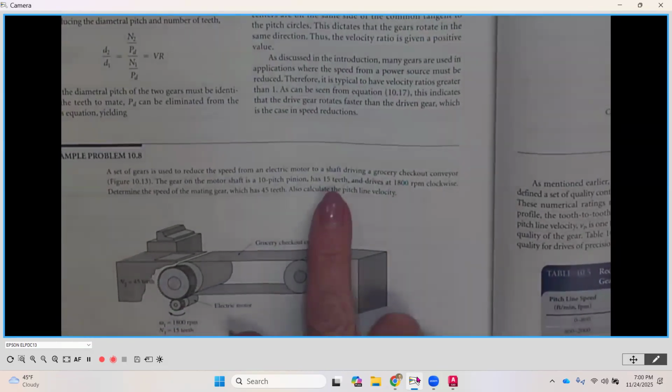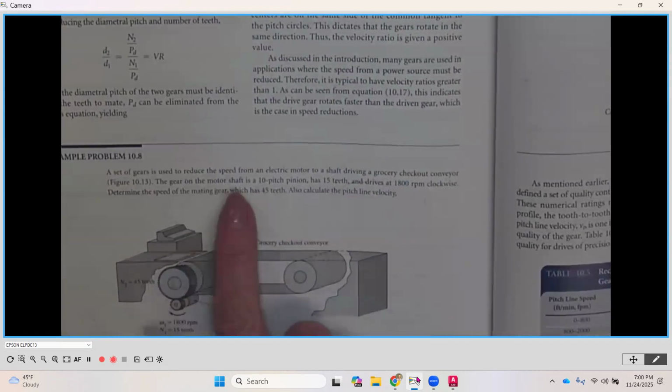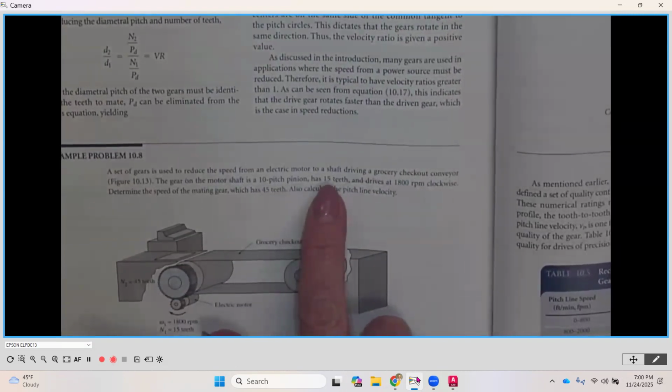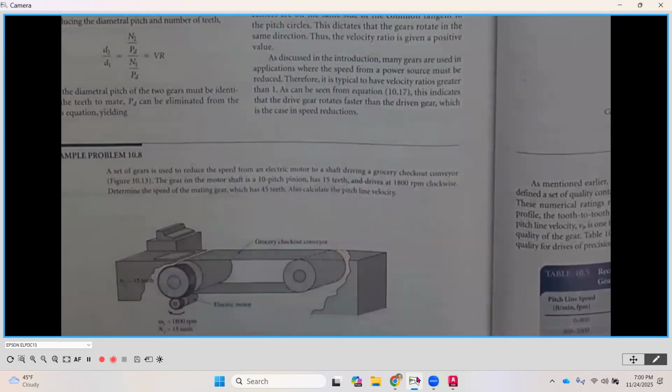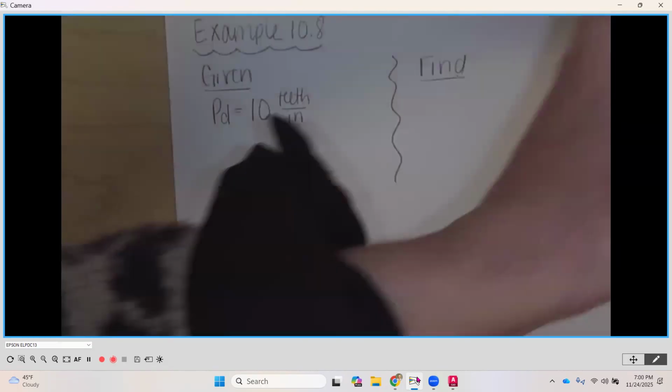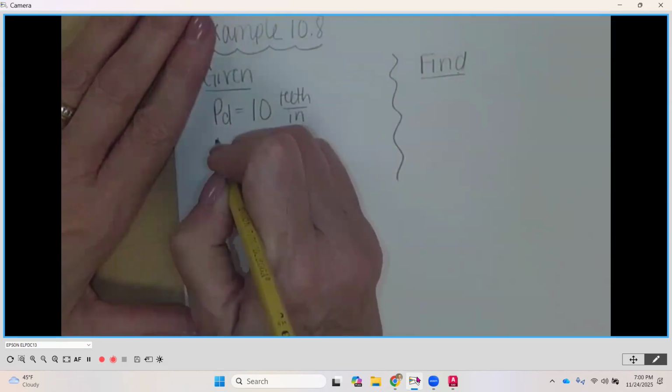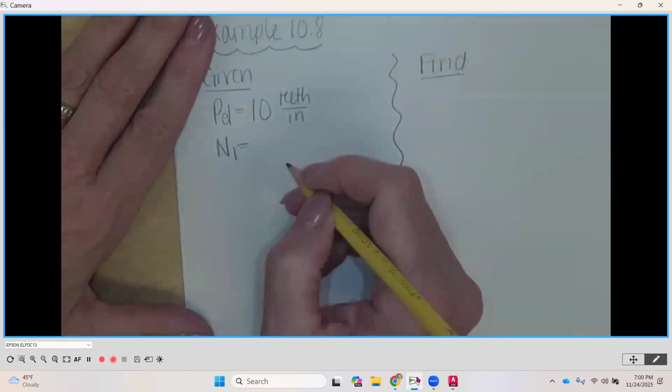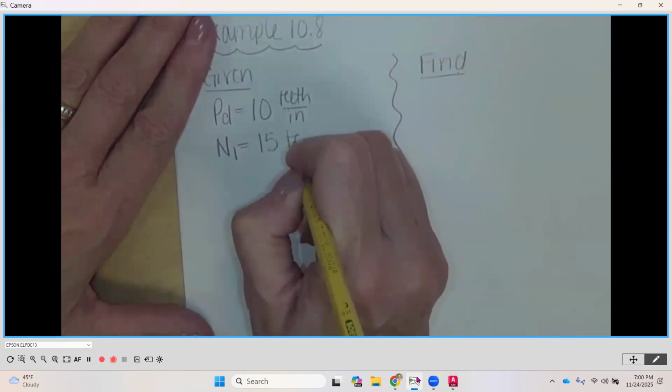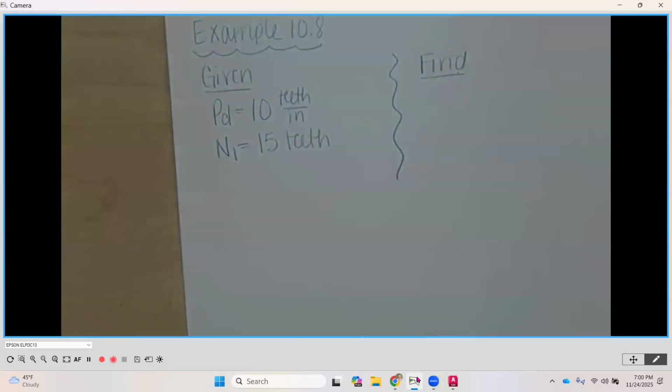It says it has 15 teeth on the pinion. So what variable is the 15 teeth? Yep, capital N sub 1, the number of teeth on the pinion, and that is 15 teeth.